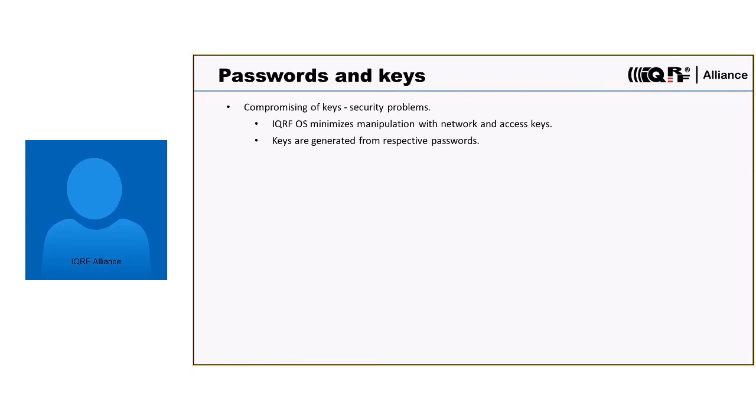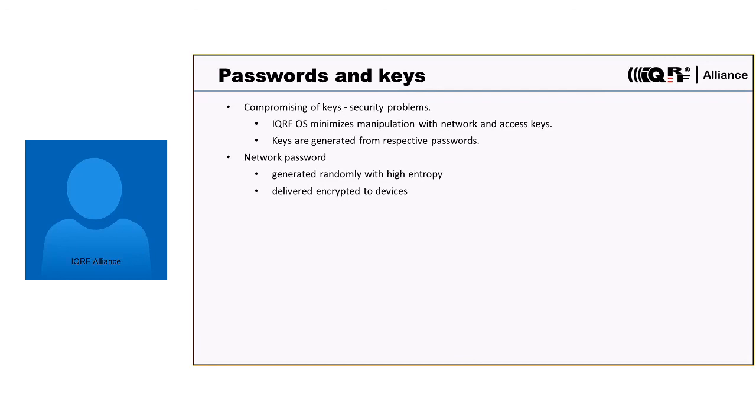The operating system completely minimizes the manipulation with the network and access keys, and actually the keys are generated from the passwords, and the passwords are generated randomly with high entropy. I will give you more details on this later on.